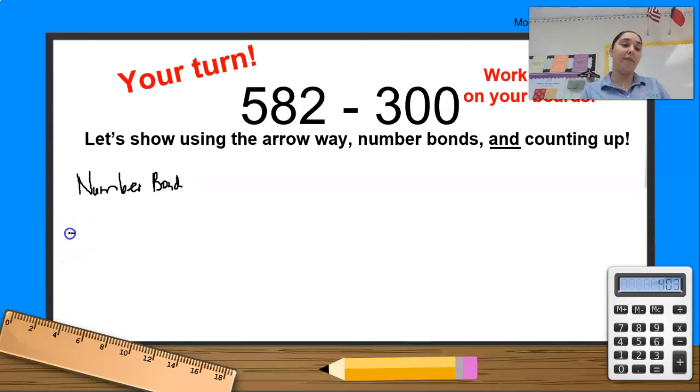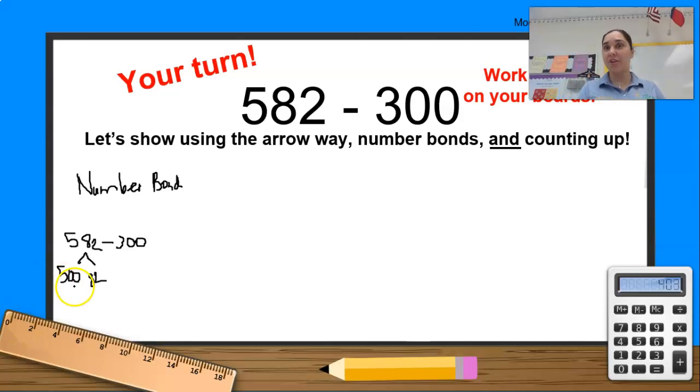So I write 582 minus 300. What's the first thing we do? Yes, I have to take out 100 because that's what we're focusing on. I write 500 on one side and 82 on the other, because 500 and 82 make 582.